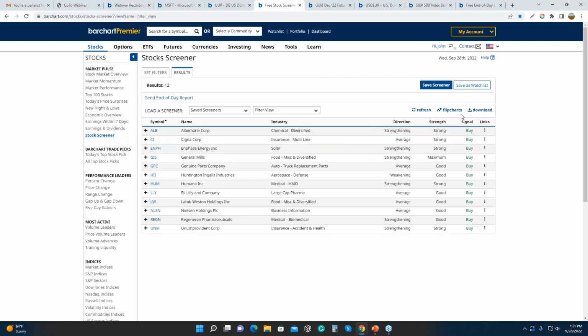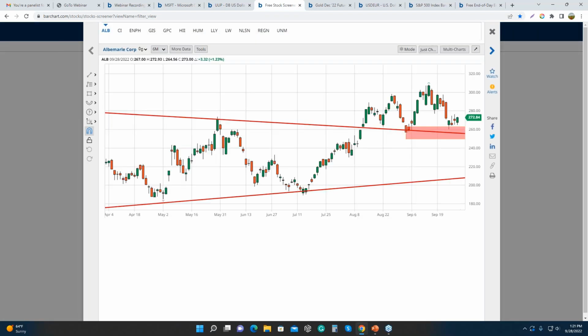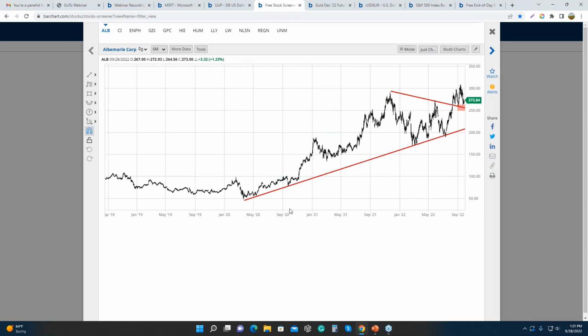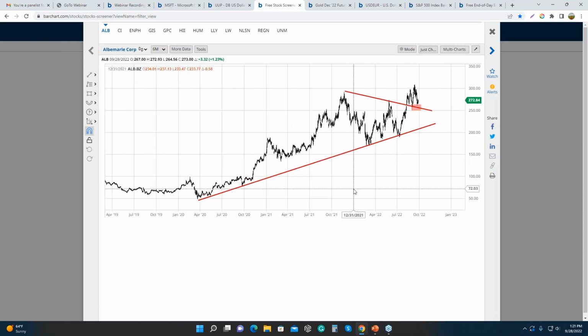showing these characteristics. Now, if I go to my flip charts and I look at some of these stocks, what we're going to see is the chart patterns are going to be very similar. And this is what I was kind of talking to you about. So in this case, ALB, we have a nice long-term trend, right? And recently we've kind of broken out of this little pendant formation.